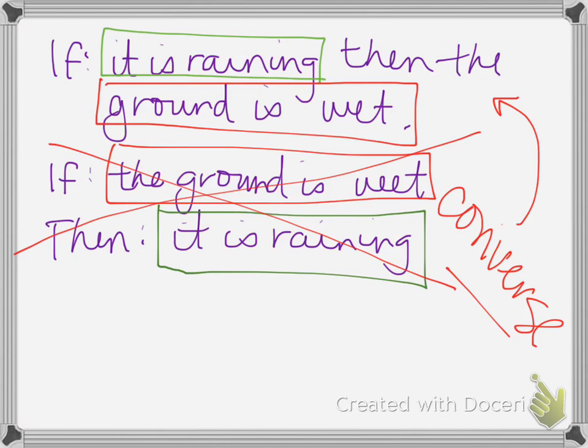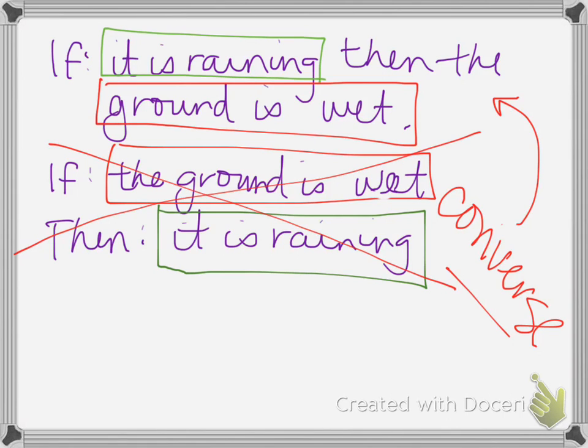If the ground is wet, then it is raining. Well, not necessarily. What if a sprinkler hit the sidewalk or hit the grass? The ground would be wet, but it wouldn't be raining. So you can't always assume that a converse is true. It just depends on the type of statement.